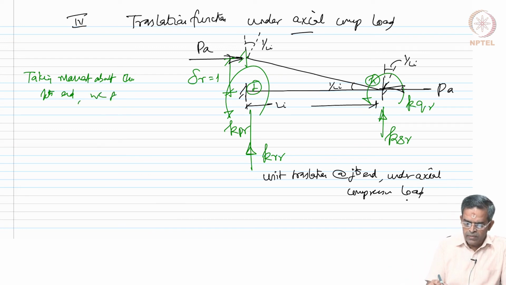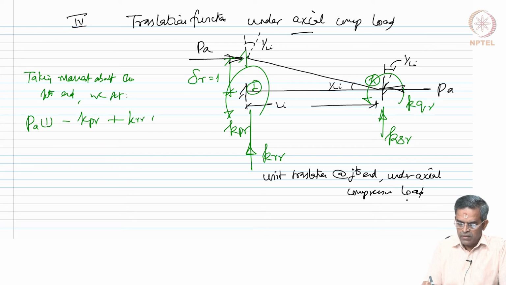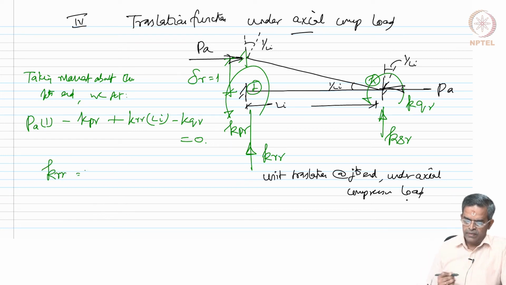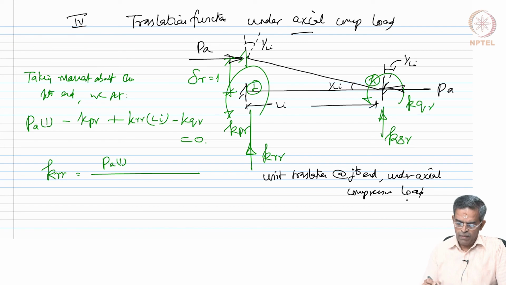We get, let us see what we get, PA into 1, that is clockwise, minus KPR anticlockwise, plus KRR into Li clockwise, minus KQR should be 0, sigma M. So, from this I can write KRR as PA into 1, minus of KPR plus KQR, by Li.